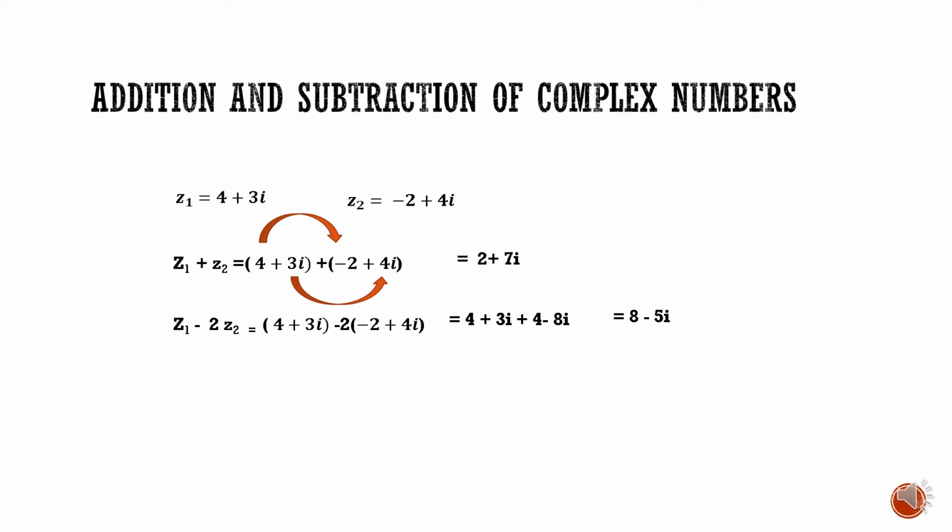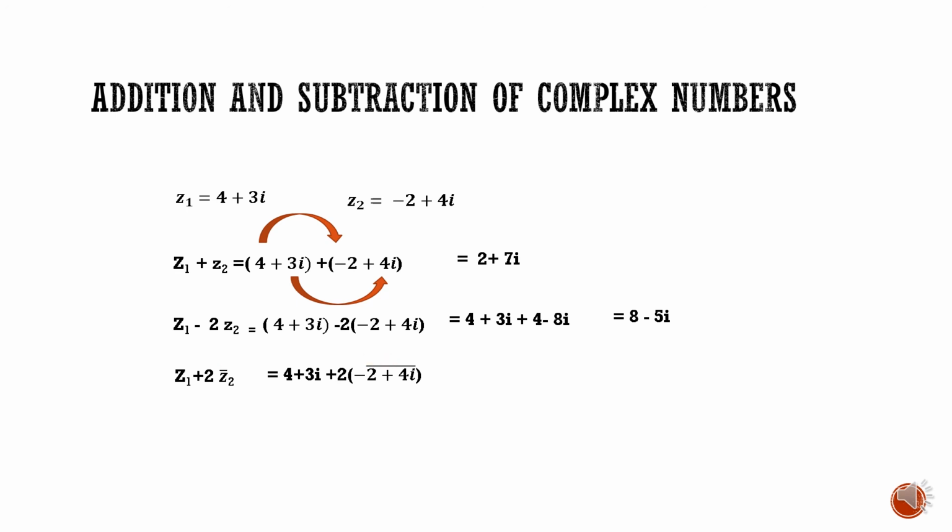Now let us do something with bar, that is z bar also. For that, let us try to find the value of z1 plus 2 into z2 bar. So z1, you know, that is 4 plus 3i, 4 plus 2 the same. For z2 we have taken minus 2 plus 4i. For this bar we have written the same bar here.